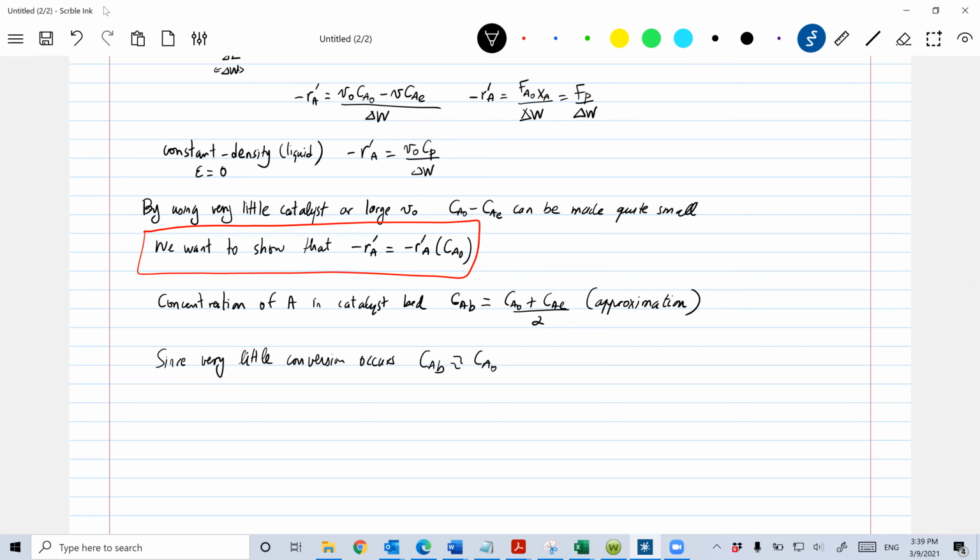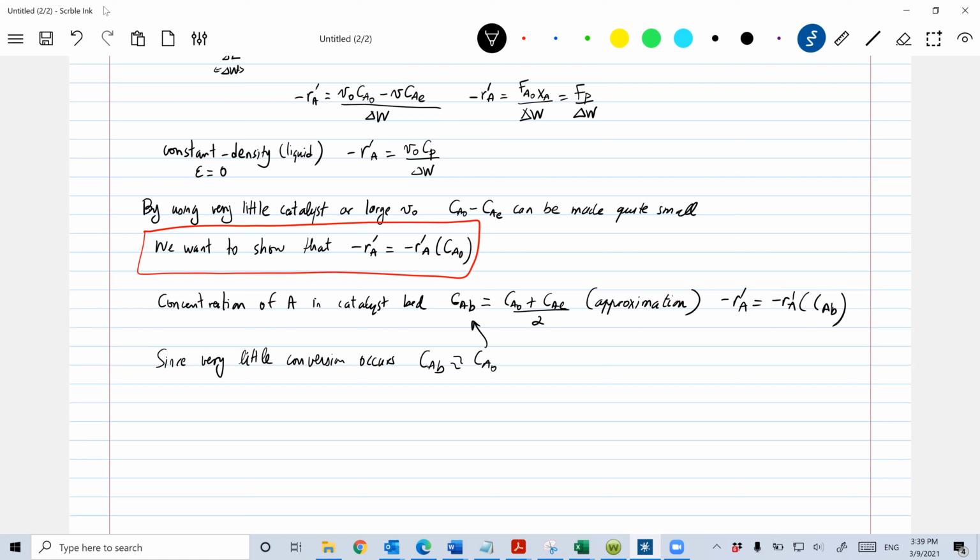So that means if you replace CA0 here, you find that minus RA prime is minus RA prime as a function of CAB.